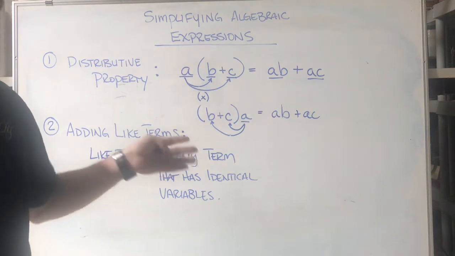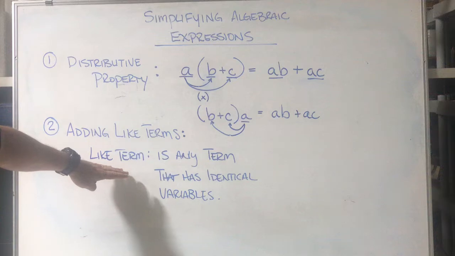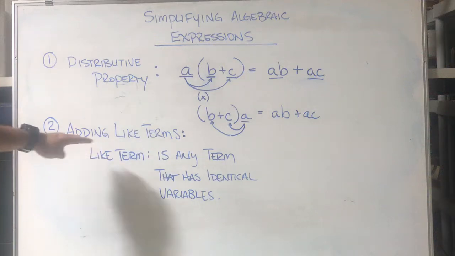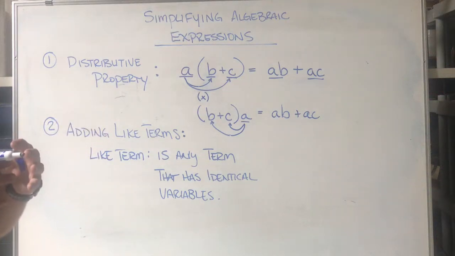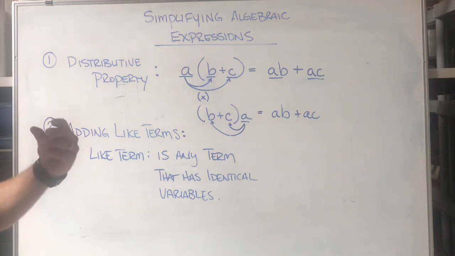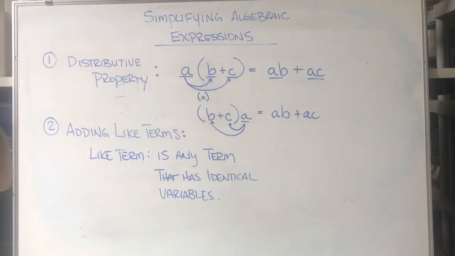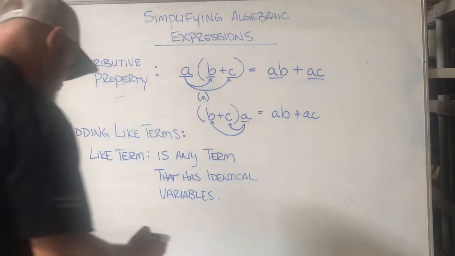No. So they are not like terms, okay? And the only thing we can add together or subtract are like terms. They have to have the identical variables. So what does that look like?